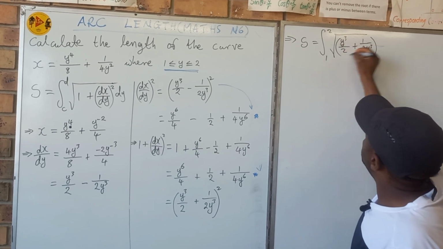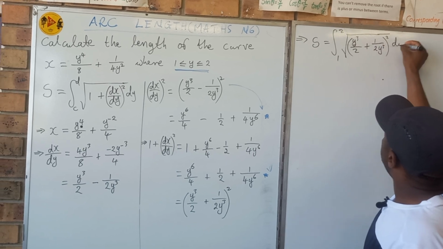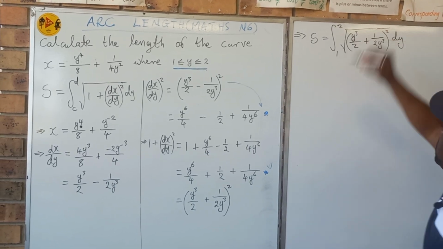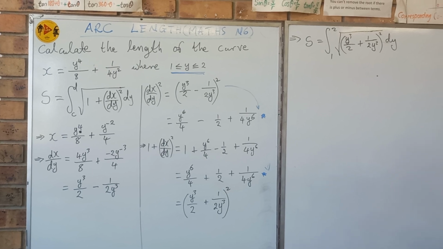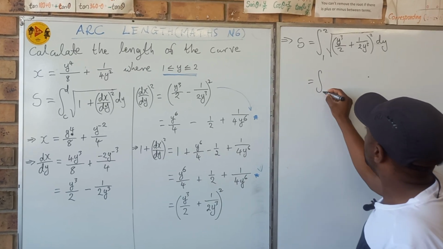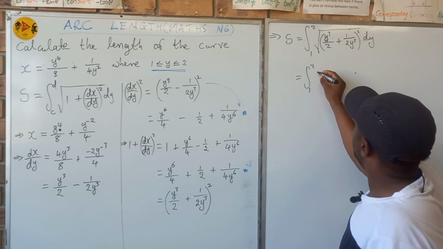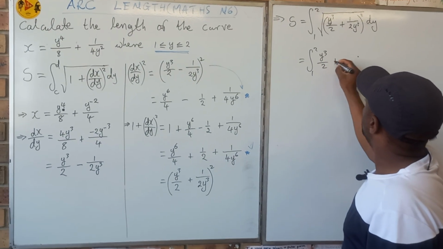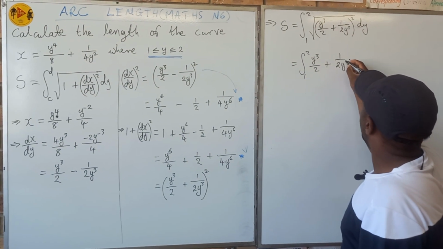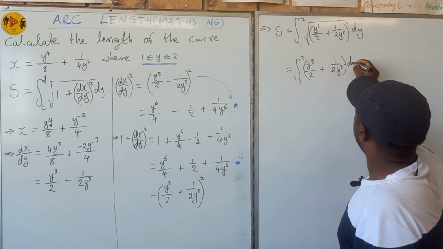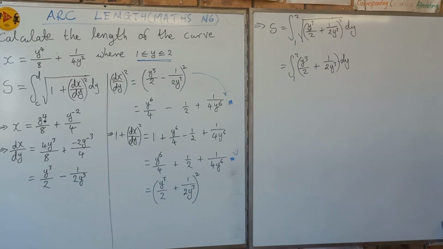So that is what I get, all that square dy, then the square root will immediately take care of the square, so that becomes the integral from 1 to 2 of y cubed over 2 plus 1 on 2y cubed dy, which is now almost ready for integration.